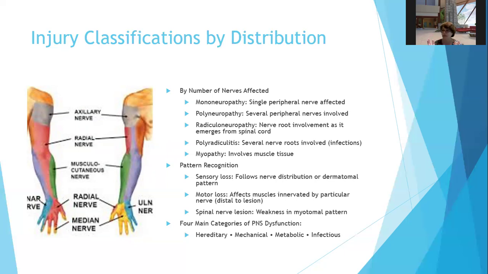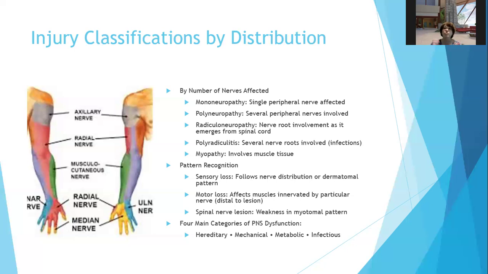The median nerve is compressed in the carpal tunnel and a single nerve is affected. Polyneuropathy is when several nerves are involved. You can have symmetrical polyneuropathies, or you can have asymmetrical polyneuropathies. Usually symmetrical polyneuropathies are due to metabolic disorders like diabetes.